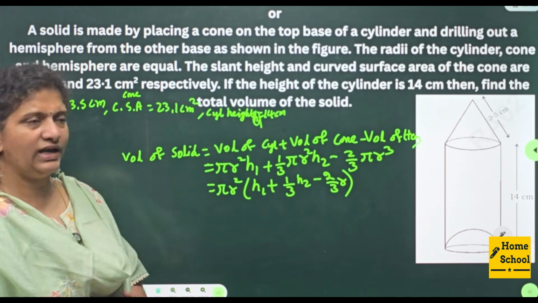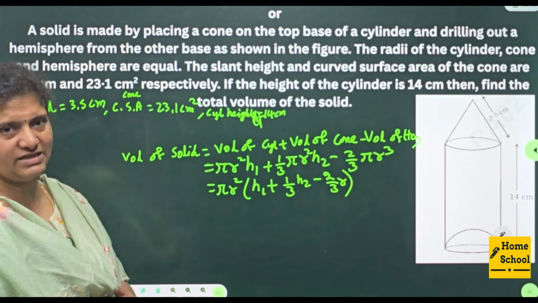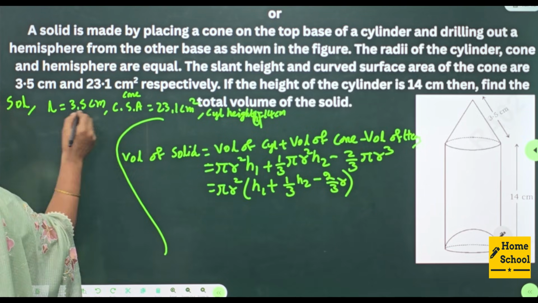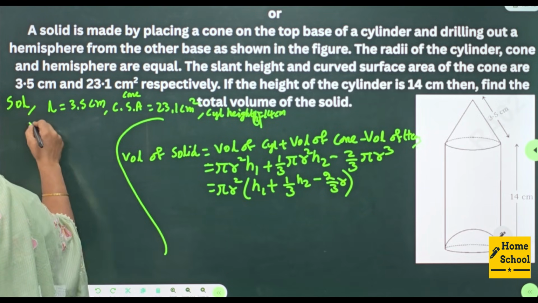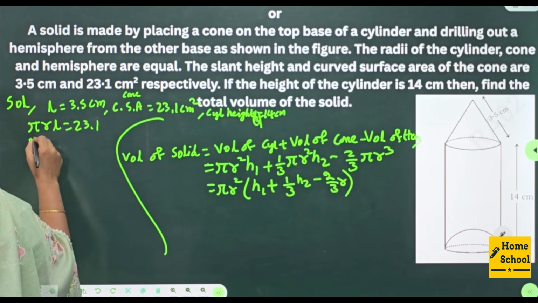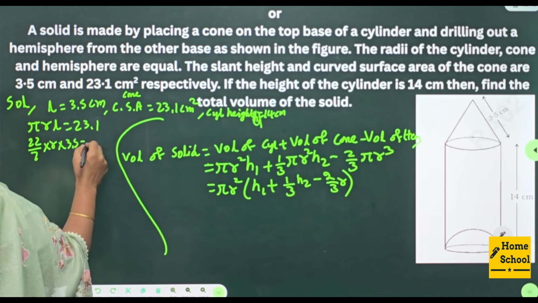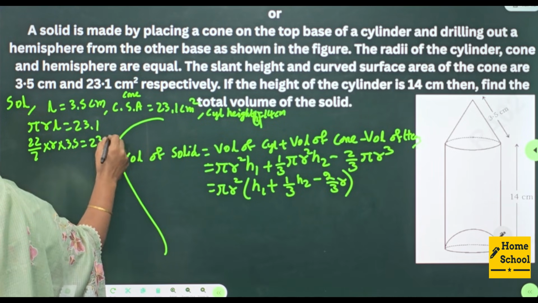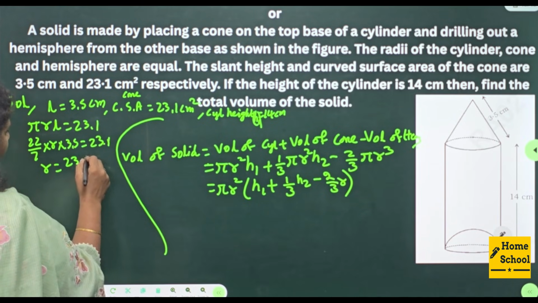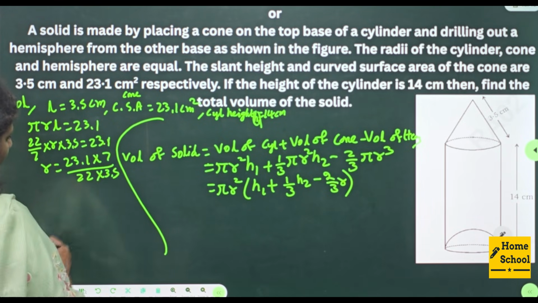Do we know r? No, we don't know r. But we know the CSA, so first we do that. Given CSA of cone is pi R L equal to 23.1. Pi value 22 by 7 into R into 3.5, since L is given, equals 23.1. Now R is equal to 23.1 into 7 by 22 into 3.5.